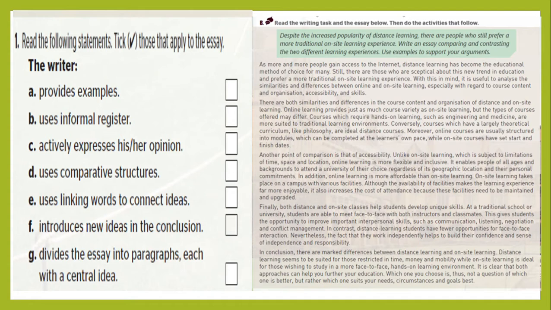After that, decide. Read the following statements. Tick those that apply to the essay. We have some statements that apply to our essay and others that do not. You are going to read carefully, then decide which statements apply to our essay.